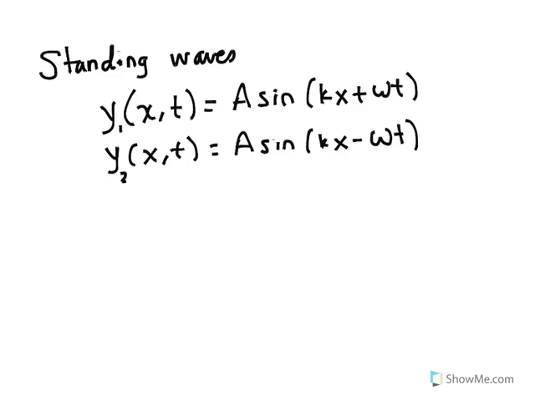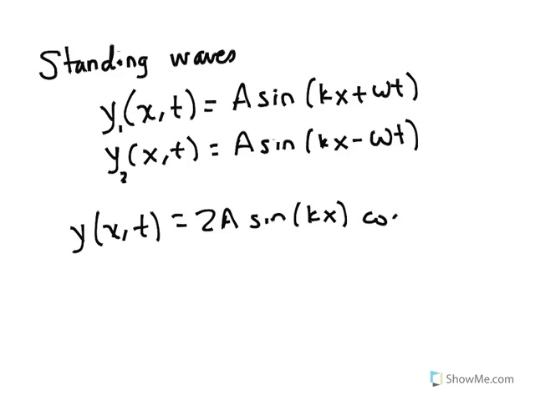Now imagine two waves that have the same characteristics, but one is traveling towards the right and the other towards the left. What happens then? If we follow the same procedure of adding them, the resulting wave, and you can do this at home, is going to be 2A sine of kx times cosine of omega t.